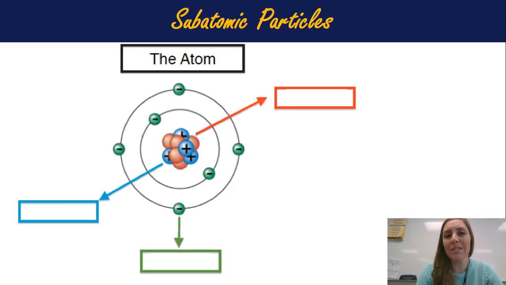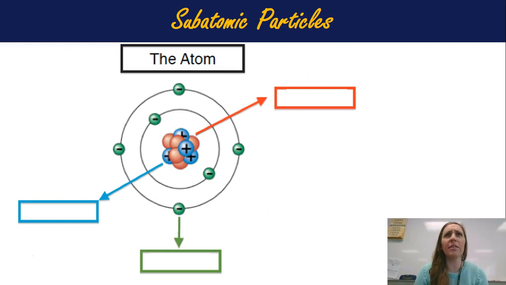And when talking about the word subatomic, we're going to break it up into two pieces, sub and atomic. So if you have a subcategory, that's a category within a category, right? Subatomic are pieces within the atom. So here is our atom, and our atom is made up of three main subatomic particles.